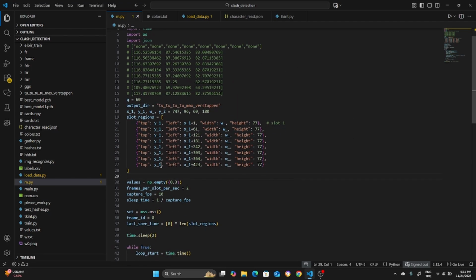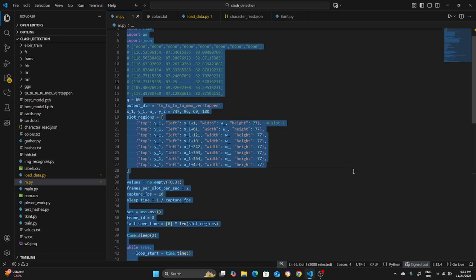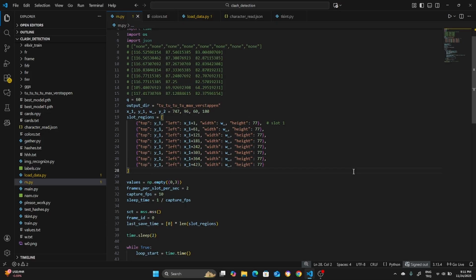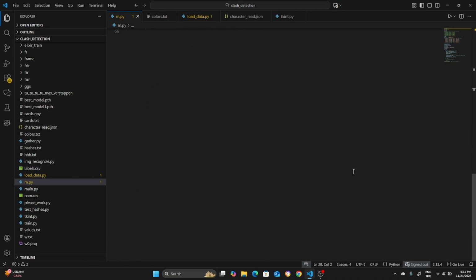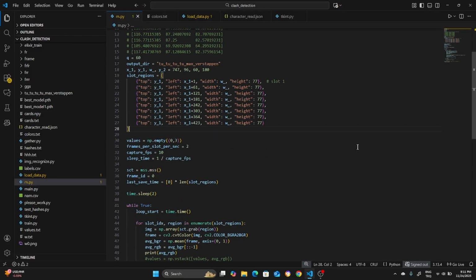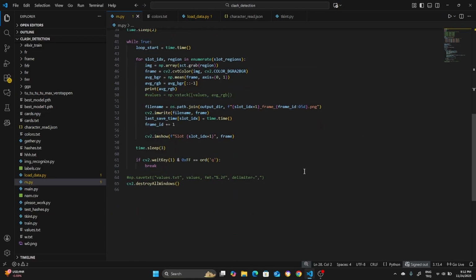I spent time by hand finding the right spot. So slot regions, this is assigned for slot 1, and I spent time finding the correct ratio and place that, when cropped out, gives us that brown area. Then I stored that in values.txt, and let's open that too.